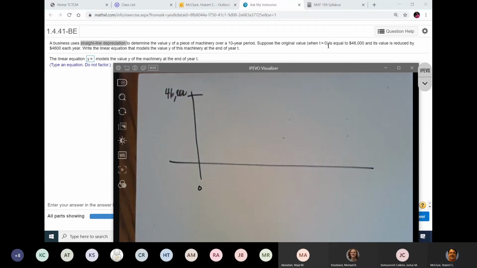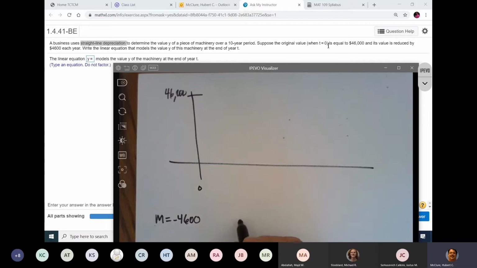And its value is reduced by 4,600 each year. So that means slope is equal to 4,600. Negative. It's reduced, so it'd be negative. Now, I'm reading this question as, it's reduced by 4,600 each year. So that's what I would say.